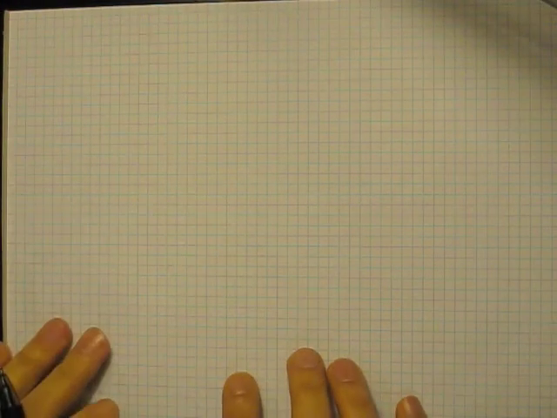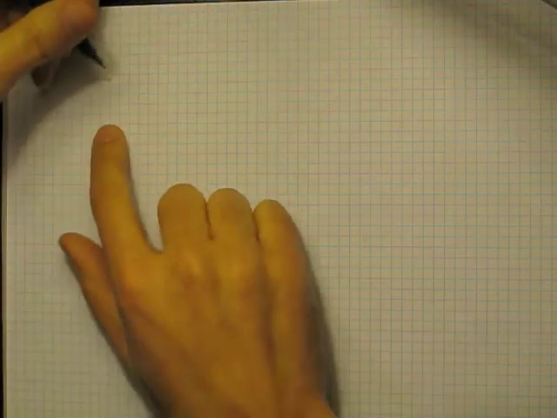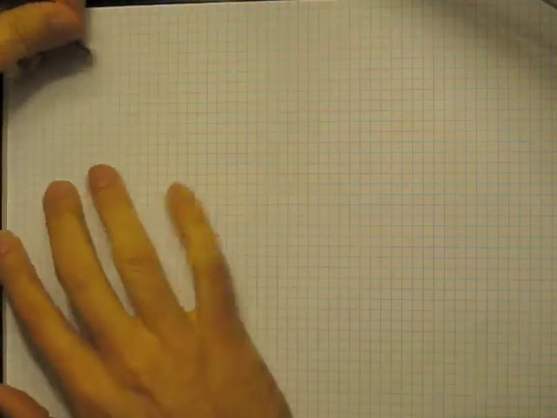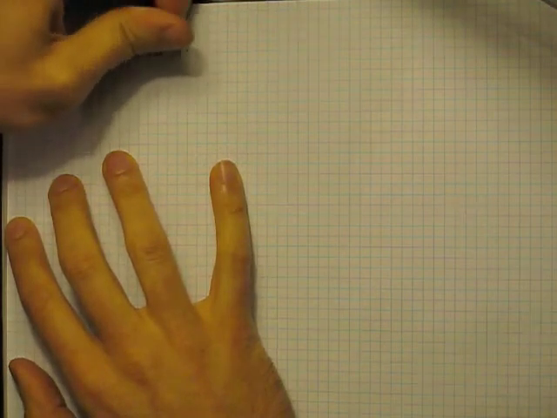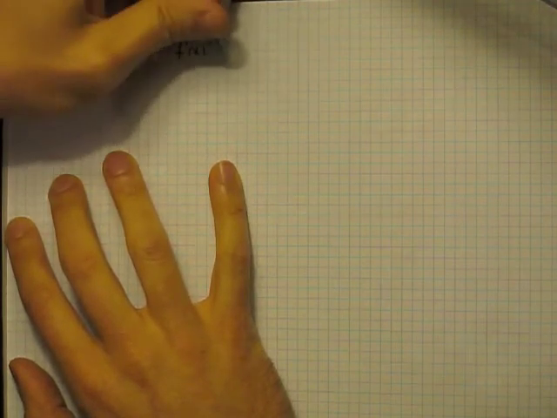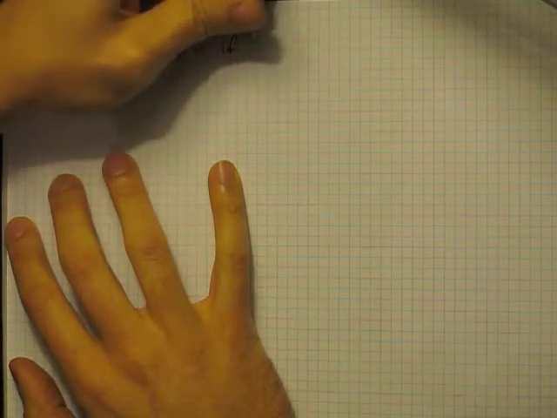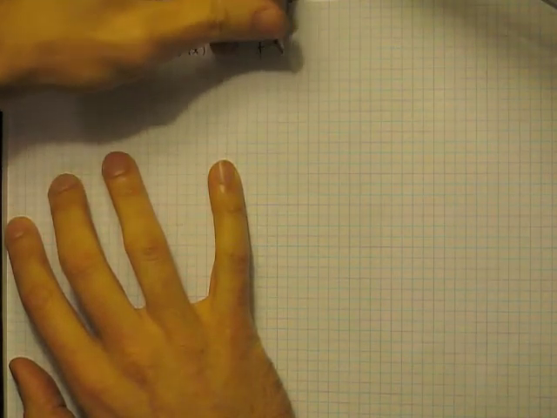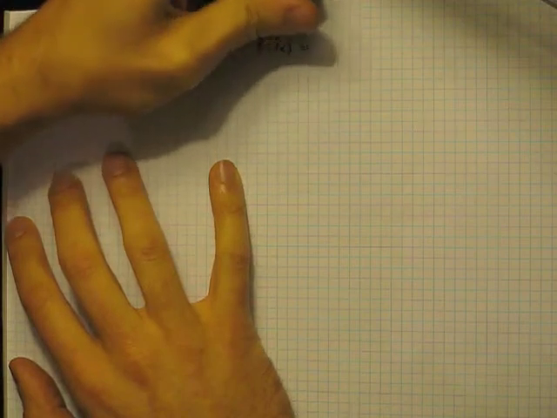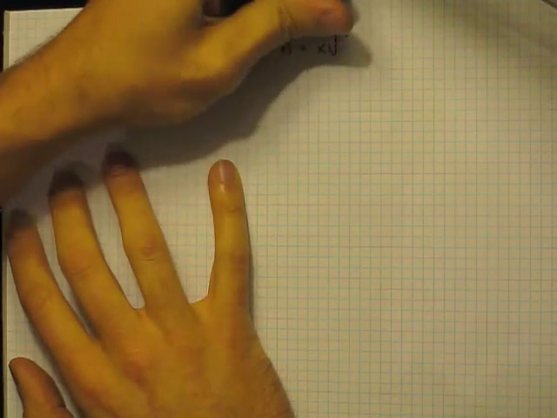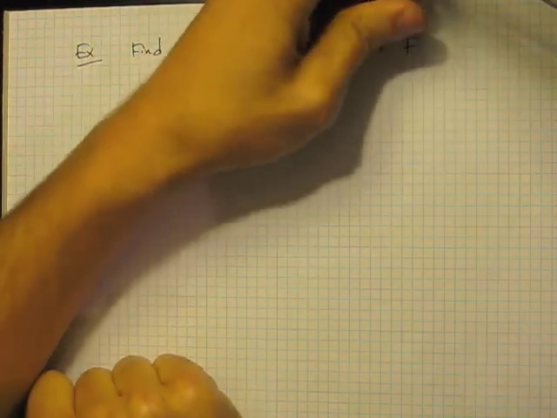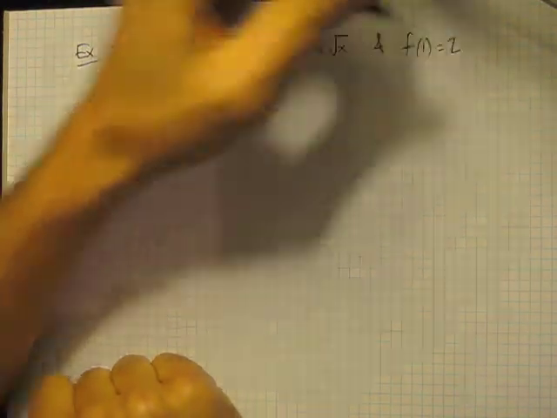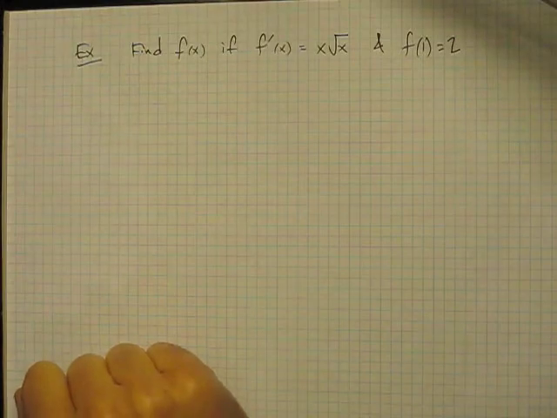So that's antiderivatives there. Let's take a look at a slightly more specific example. I want to find little f if we know that f prime of x, if we know its derivative, is equal to x times the square root of x, and if we know that when we plug 1 into the function, we get the number 2 out of here.